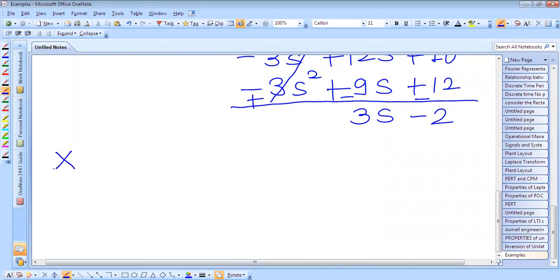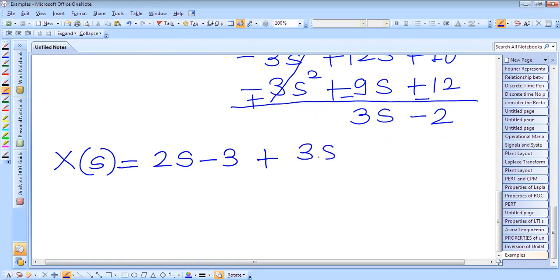Whatever terms we have got, we rewrite like this: X of s is equal to 2s minus 3 plus 3s minus 2 divided by s squared minus 3s minus 4.